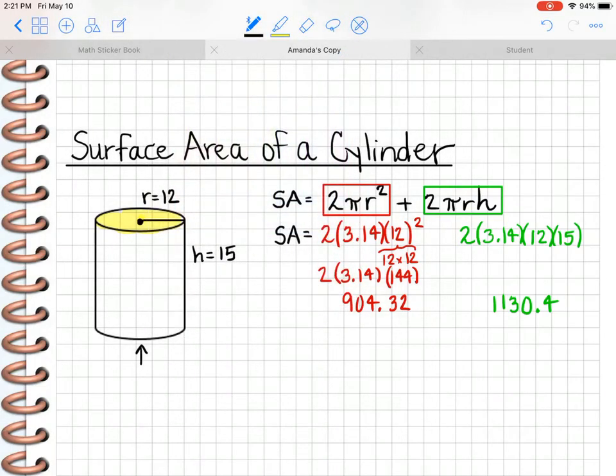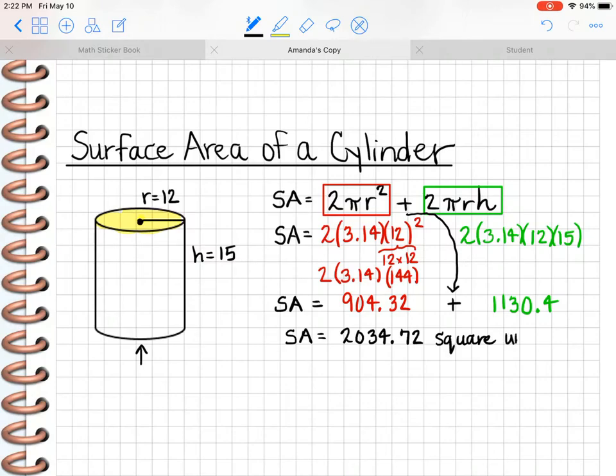And then this addition sign right there is going to come right down here. And so is SA. So SA equals the red plus the green. So the surface area is 2,034.72 square units.